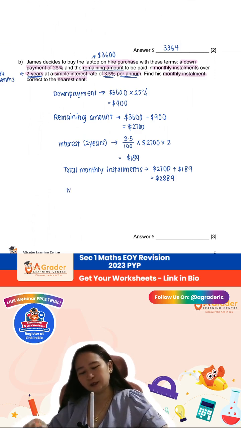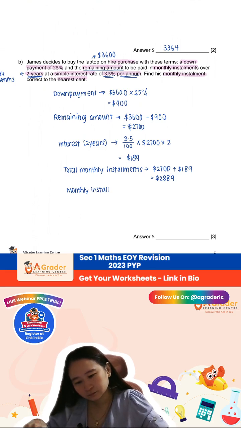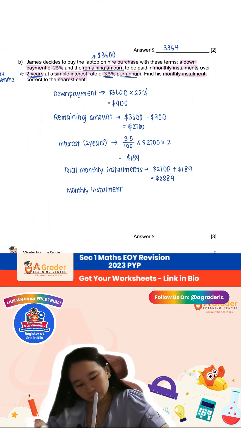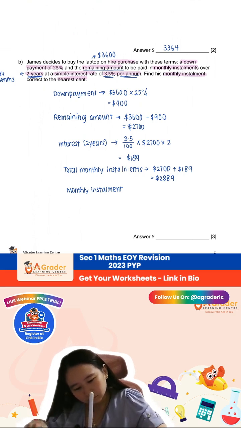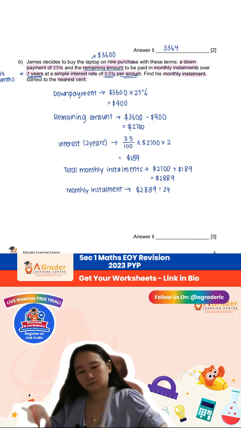So for you to find the monthly installment, you have to divide by 24. Correct to the nearest tenth.